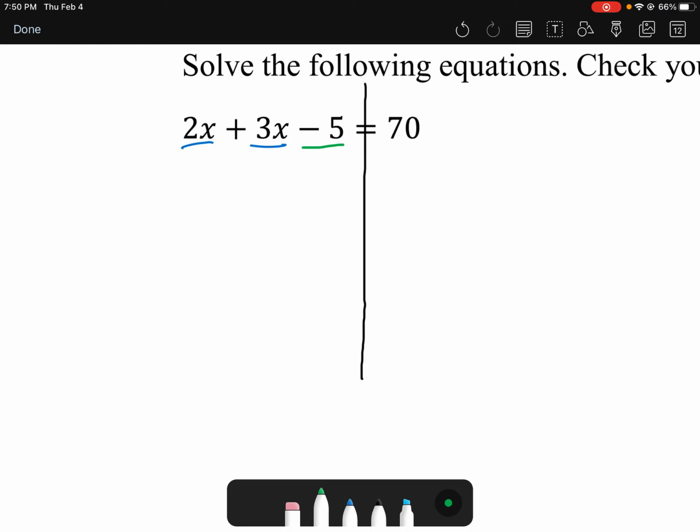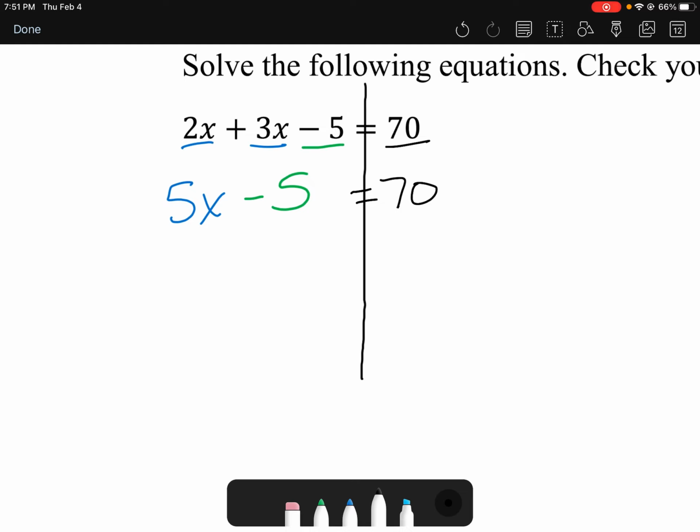The 5 is all by itself. 2x plus 3x is equal to 5x. And then the negative 5 here is all by itself, so I'll go ahead and put minus 5. On the right side of my equation, I just have the 70, so 70 is just going to come down all by itself.